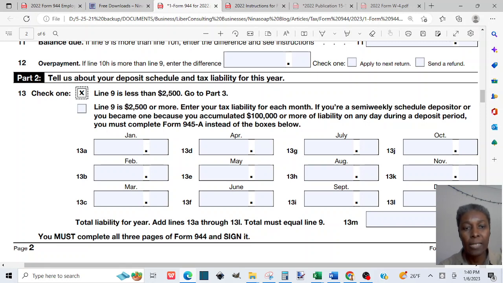But if your line 9 is $2,500 or more, then you will be required to enter your tax liability for every single month of the year, because the IRS wants to see at what point you cross that $2,500.